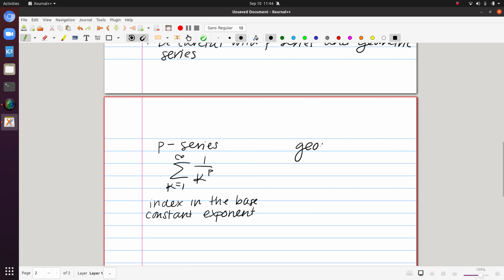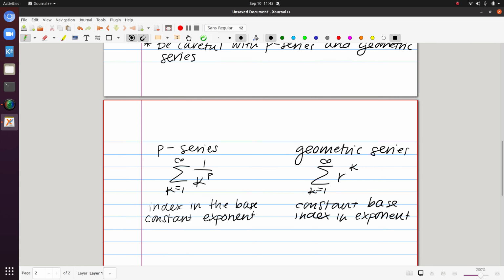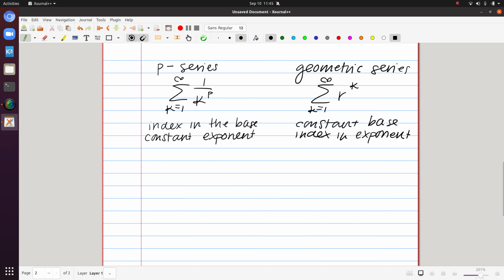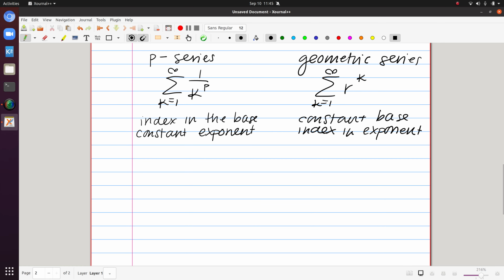For geometric series, our traditional form is r to the k. We have a constant base and the index is in the exponent. So while these may look similar, we have to be very careful because the way in which we handle these is of course different, leading to different potential conclusions.